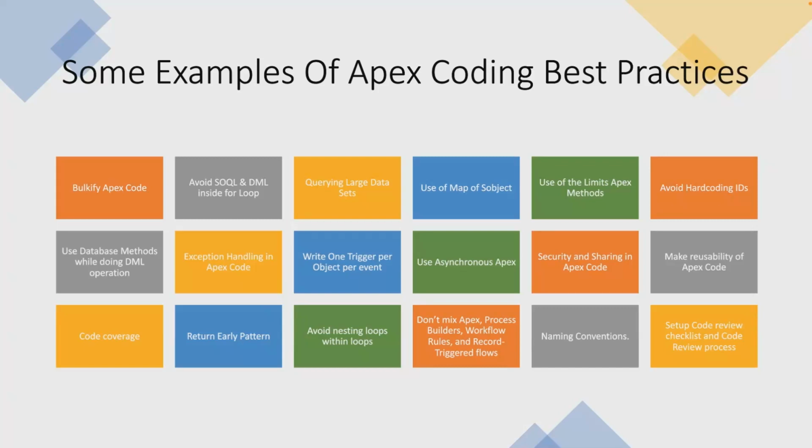Naming conventions are a very important portion of Apex coding. Whenever a new person is onboarding onto a project, he may know that constants are written in capitalized case and variables should be in camel case.